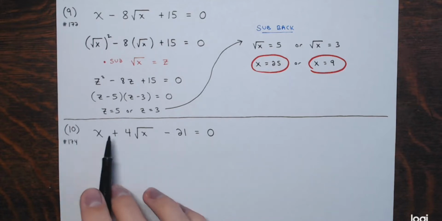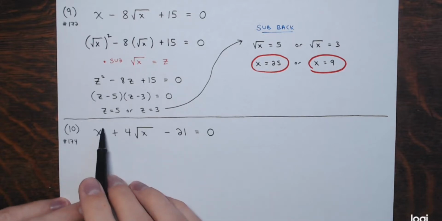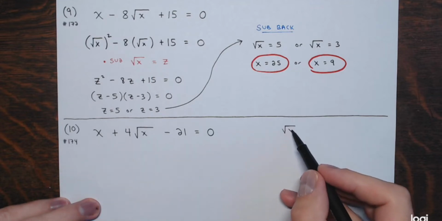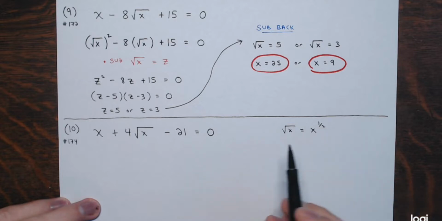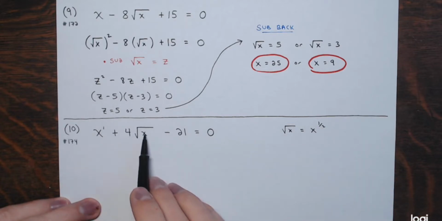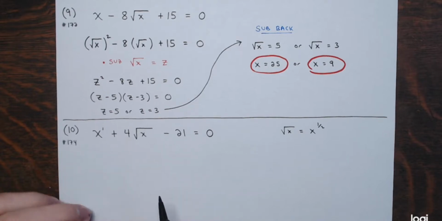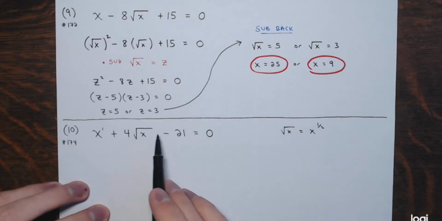I got 3 terms here, equals 0. X to the first power. Remember the square root of x can also be written as x to the 1/2 power. So you see x to the first power, that power is double this power of x. This is x to the half. So that's what happens in quadratic form: the power in the first term is double the power in the second term, then we got a constant equals 0.